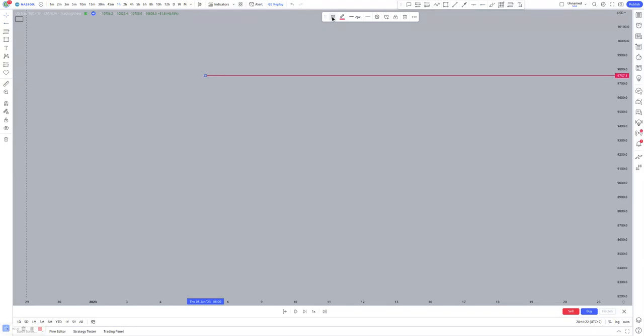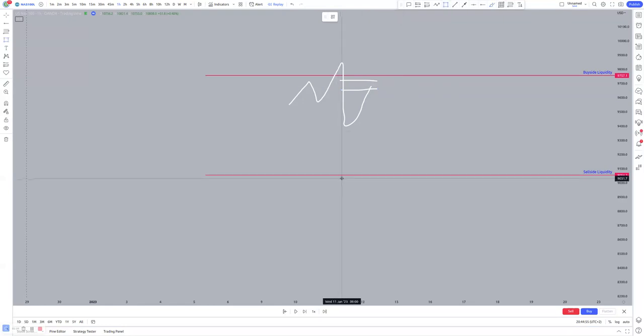So let's say, for instance, we have a buy side liquidity and we have a sell side liquidity, and we understand that when price takes a swing high, breaks a low, we are going to look for an entry right here, somewhere here, FVG or an order block or a breaker, whichever you look for, and then we are going to target the next pool of liquidity, which will be the sell side right here, and we will sell into here.